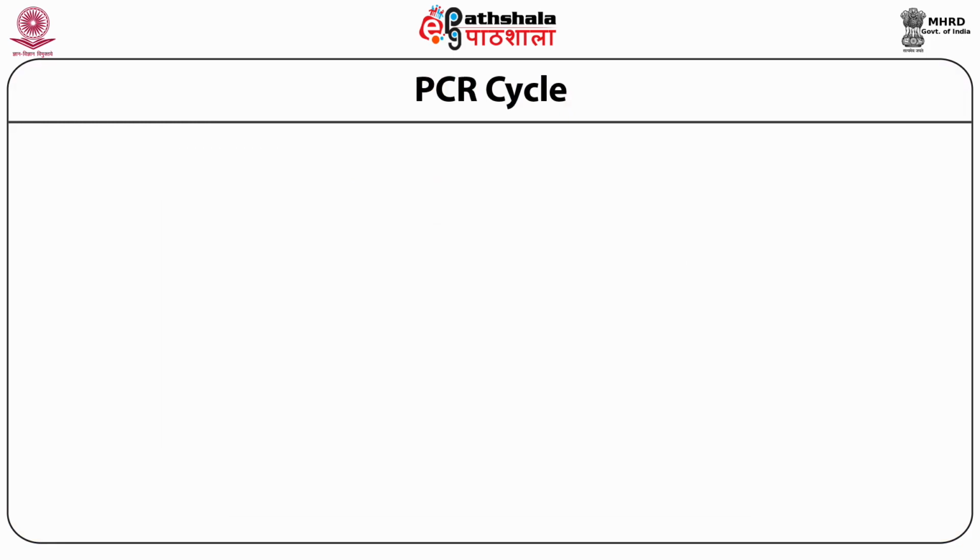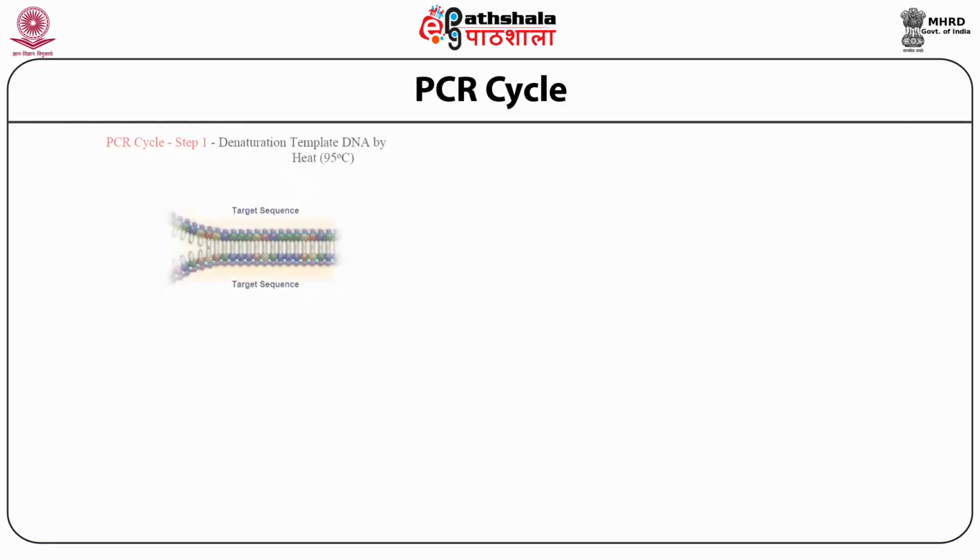So let's discuss the PCR cycle in brief. First step is denaturation. What does it mean? The target sequence is first denatured at higher temperature, so the double-stranded DNA is separated and becomes single-stranded DNA.